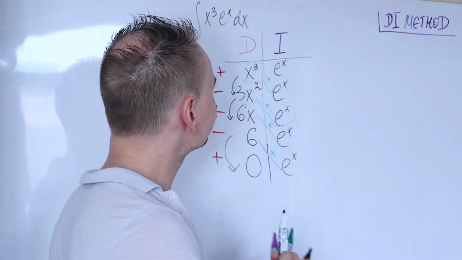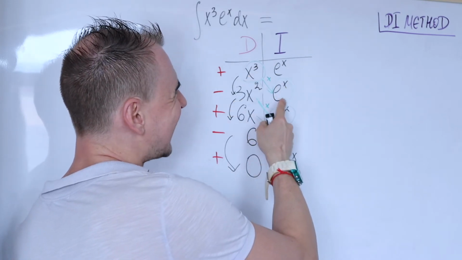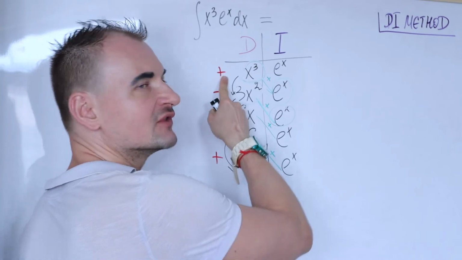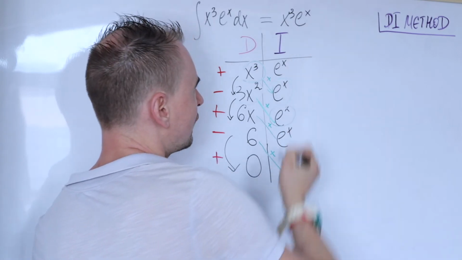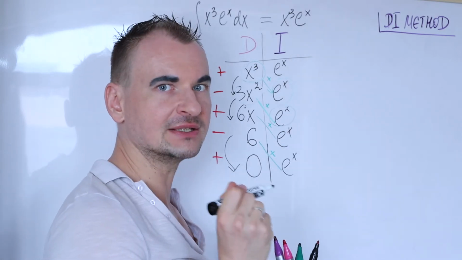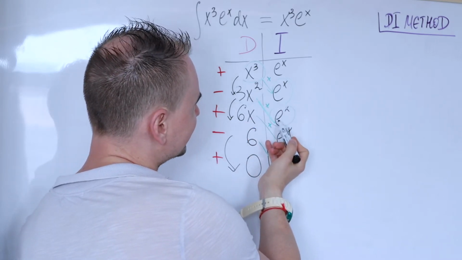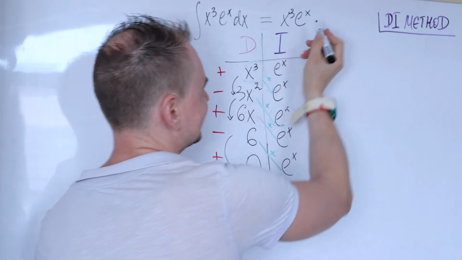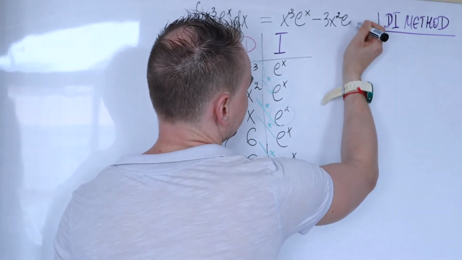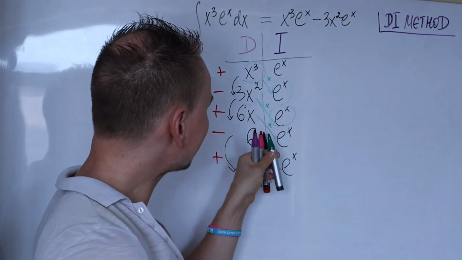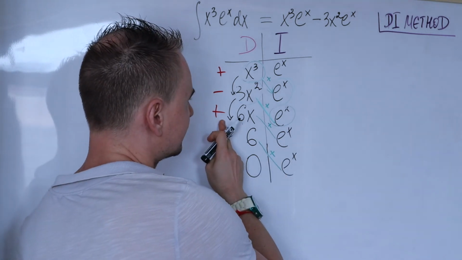So it becomes again x cubed times e to the x, and you take it with plus, positive. So just x cubed e to the x, your first term for your final integral. Next, 3x squared times e to the x, and it goes with negative, so minus 3x squared e to the x. Next term, 6x times e to the x, and it comes positive.